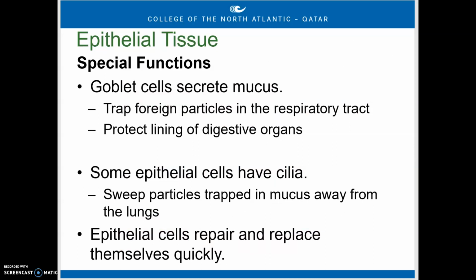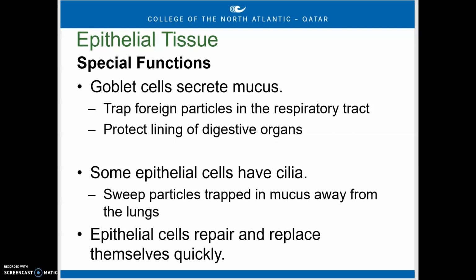Now, some of these tissues have very special functions. Goblet cells that we find in our stomach or in our respiratory tract will be specialized to produce mucus. So we need to have mucus present in our respiratory tract to help gases dissolve so they can diffuse across the lung tissue.